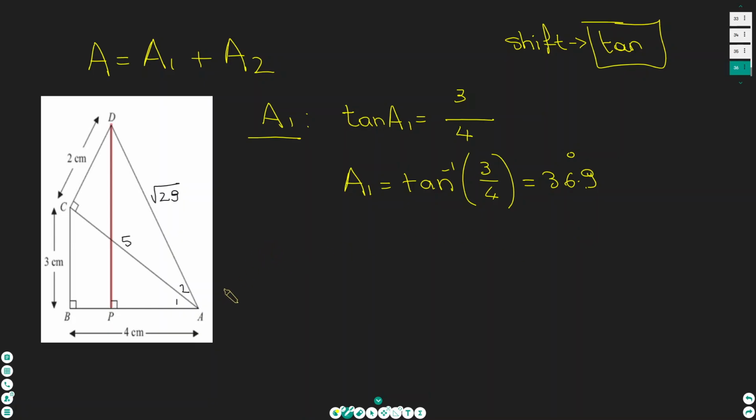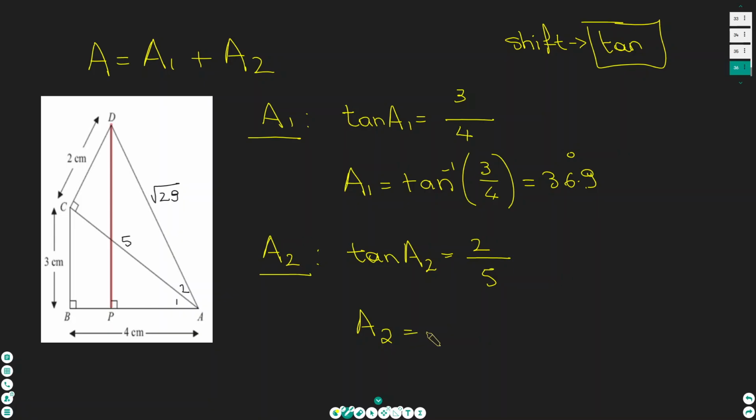We also need to find the angle A2 in a similar way. In this case, I choose the right angle triangle DCA, and again, I need to use the tan. Here I'm going to use the tan A2. The tan A2 is the opposite 2 over adjacent 5.